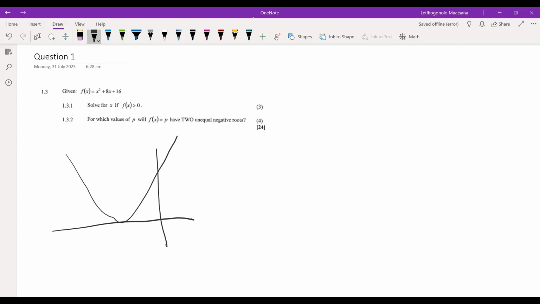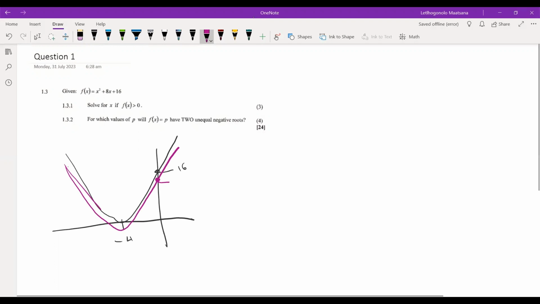So our graph is cutting our y-axis at 60 and our x-axis at 40. Now, in order for us to have a graph that has 2 negative roots, this graph needs to go down a little, right? And we can see what is changing is our y-intercept.